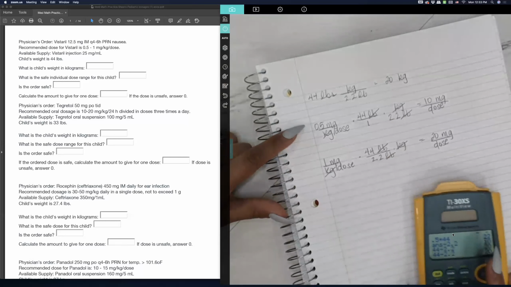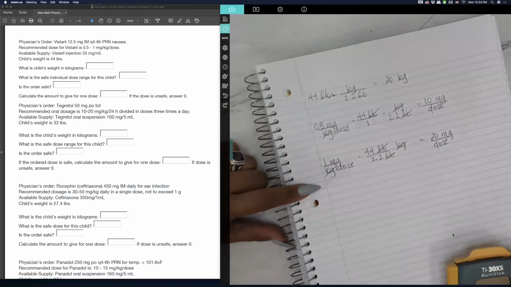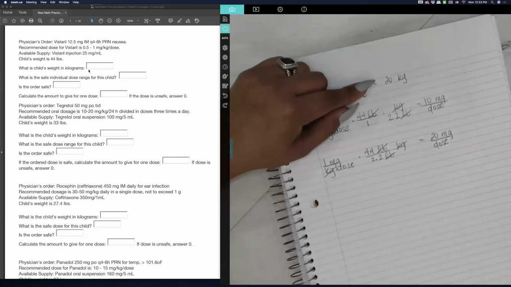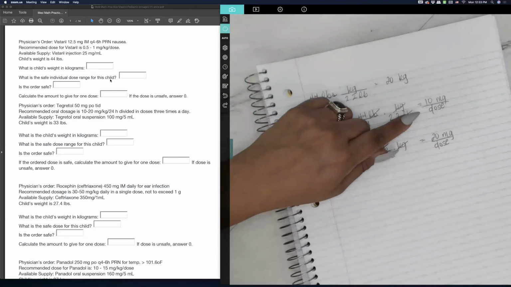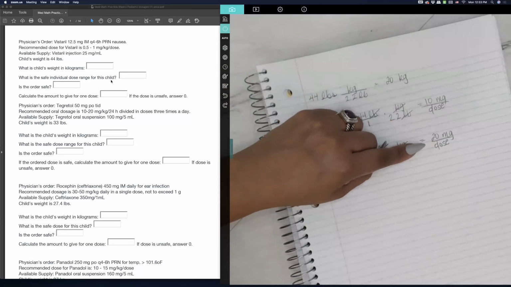Okay, and then answering the questions on the worksheet. What is the child's weight in kilograms? The child's weight is 20 kilograms. What is the safe individual dose range for this child? The safe individual dose range is 10 milligrams per dose to 20 milligrams per dose.